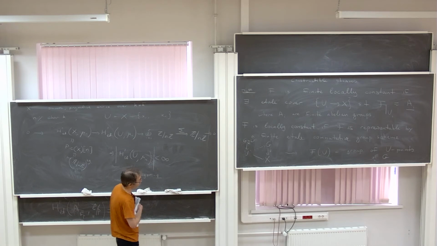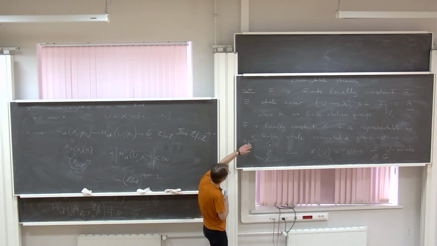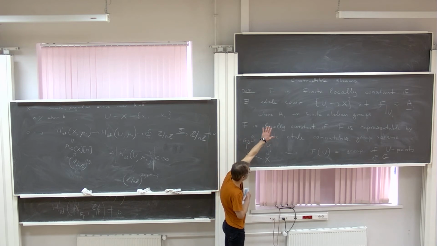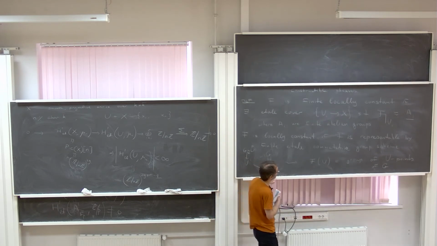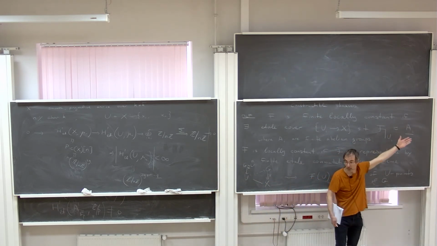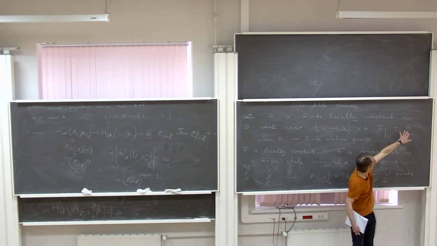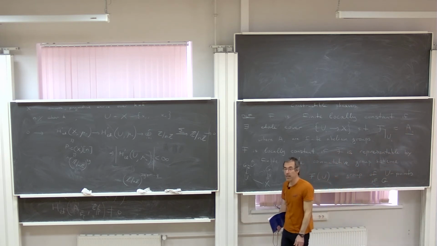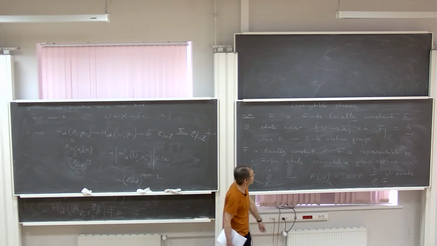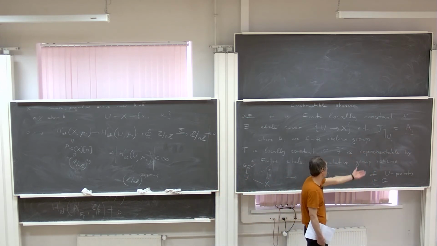And conversely, using the faithfully flat descent, if you have a locally constant sheaf, you can construct a finite étale group scheme over X. How do you do this? If the sheaf is actually constant, then there is not much to do. If your sheaf F is this one, then you can just take the discrete group scheme A_i times U_i.